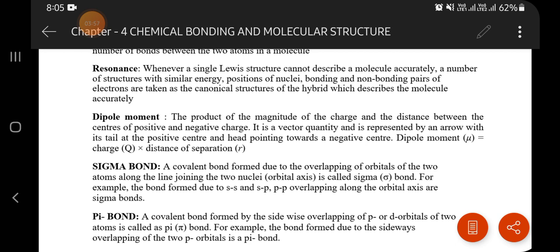The product of the magnitude of the charge and the distance between the centers of positive and negative charge is the dipole moment. It is a vector quantity and represented by an arrow with its tail at the positive center and head pointing towards the negative center. It is denoted by mu, which is equal to q into r, where q is the charge and r is the distance of separation.